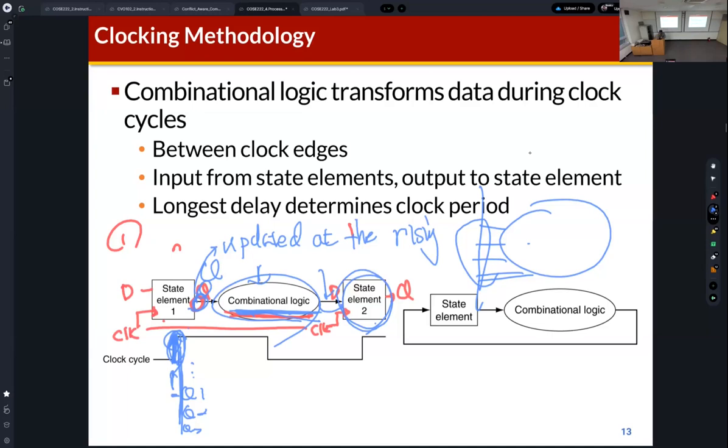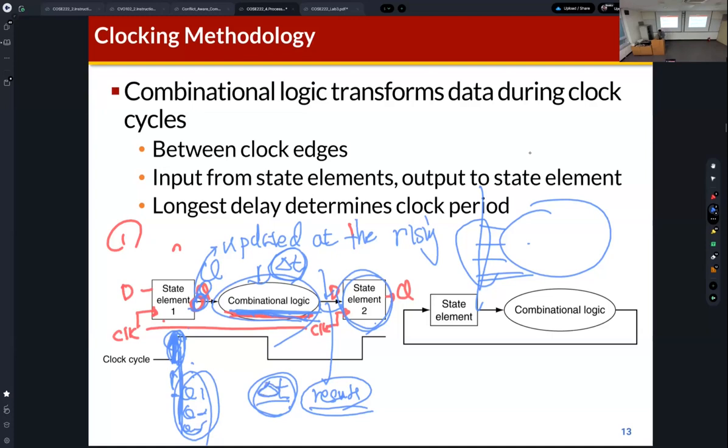I also mentioned that combinational logic has delay delta T. So the output of this combinational logic is stabilized after delta T, and the result is generated by this input, but it's a synchronized input.